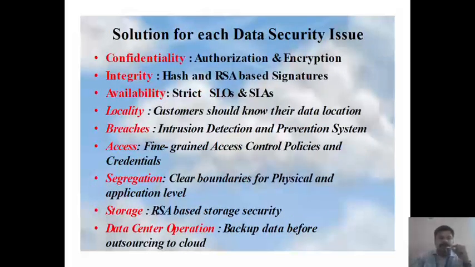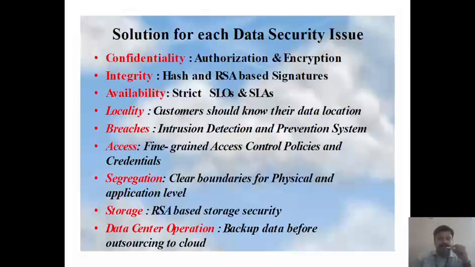We overcome the confidentiality issue by authorization and encryption, integrity by hash and RSA-based signature, availability by strict SLAs, service level agreements. Locality: customers should know their data location, in which country the data is located, and what the rules and regulations of the particular country are for having the data in that place.